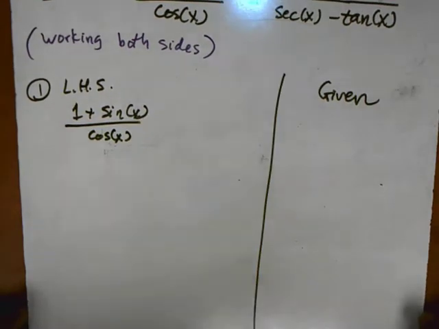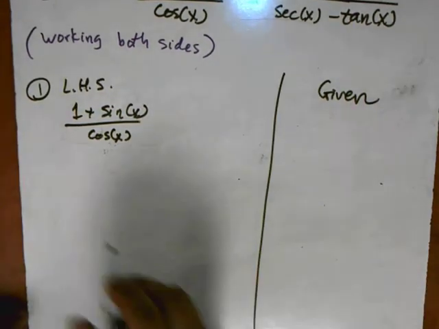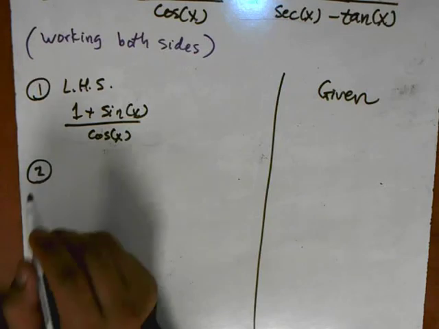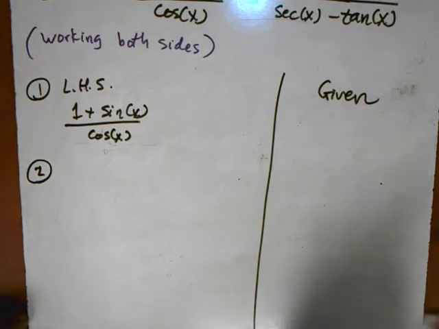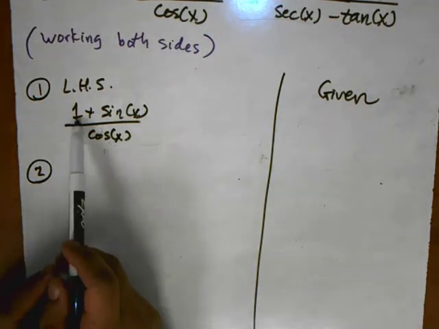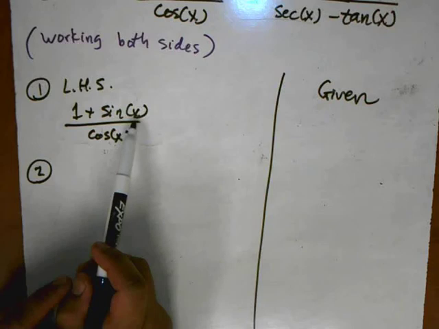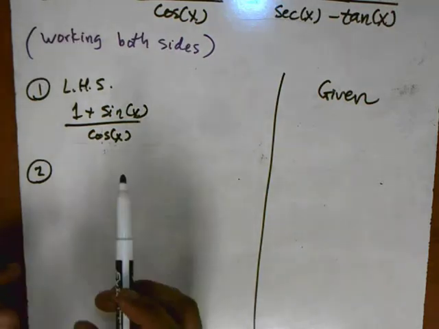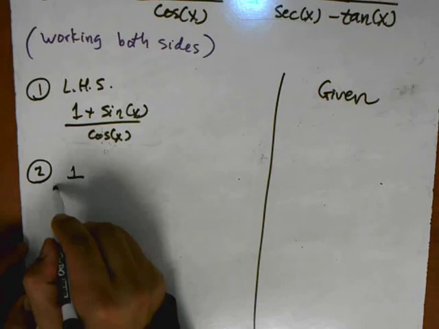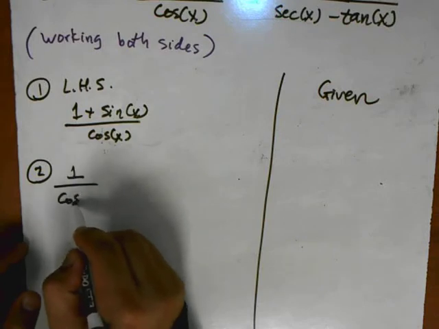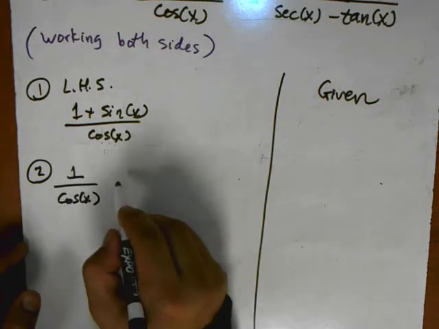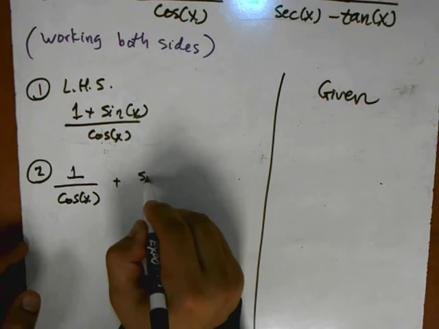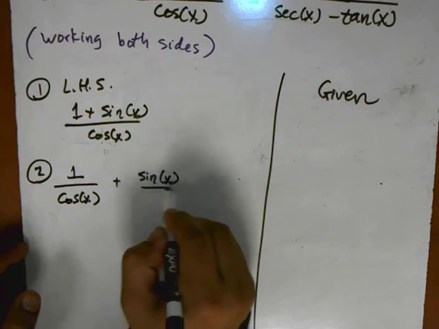Now, the next step that I'm going to do is also a pretty nice strategy to employ sometimes. We have an addition problem on top, and it's got one denominator, so we can actually split this into two separate fractions: 1 over cosine plus sine over cosine.